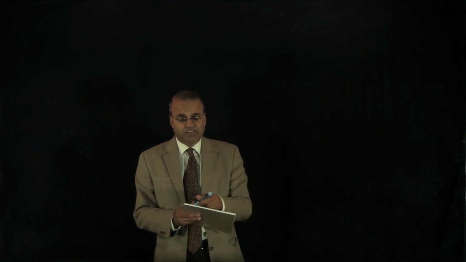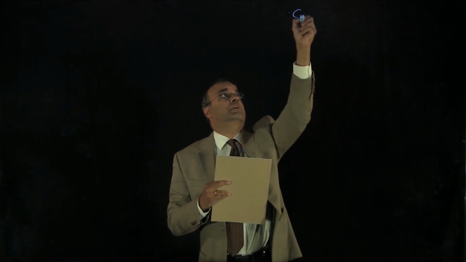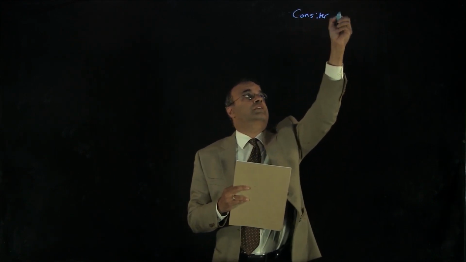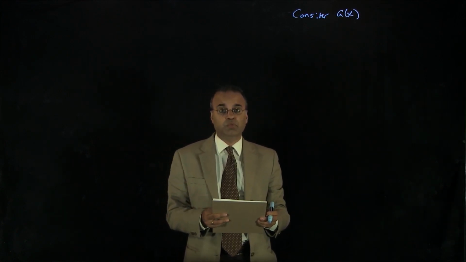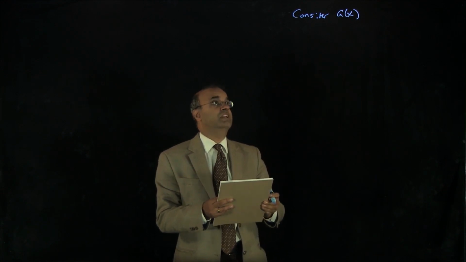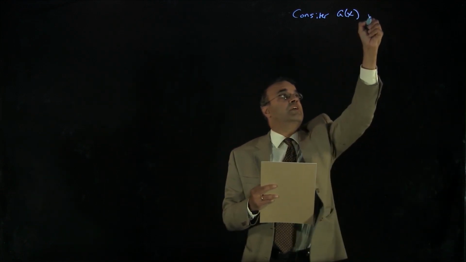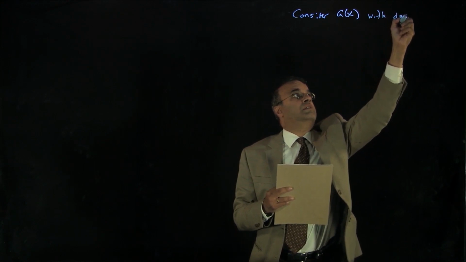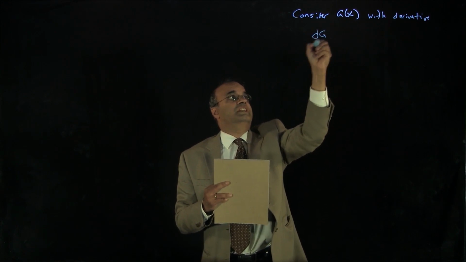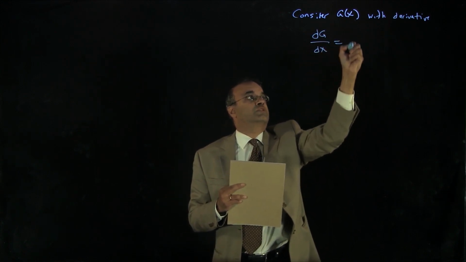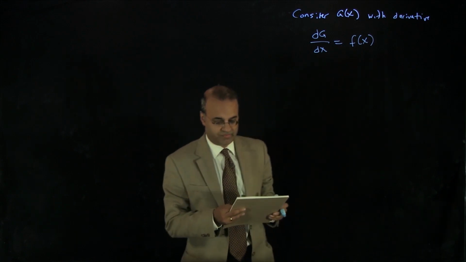I want to take a moment to summarize the basic principles of integration from calculus. Let's begin by considering a function g of x with some derivative. So consider a function g of x, and let's assume it's a well-behaved function, by which I mean that it's continuous and differentiable over the interval that we're interested in. So consider g of x with the derivative, so dg/dx equal to another function which I'll call f of x.